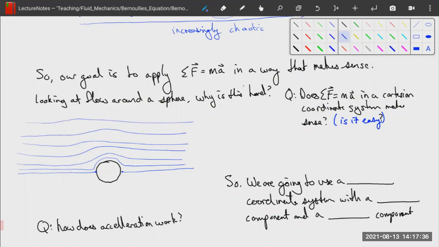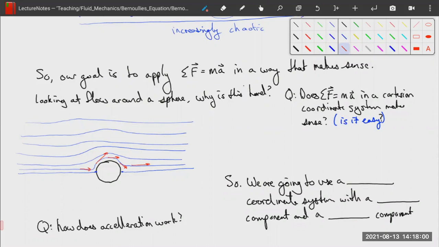So if we were to draw the velocity here, let's take this top streamline. We would see that the velocity initially is horizontal, and then it's moving up at an angle, and it's moving horizontal again, and now it's moving down, and now it's moving over here, and that's fine.